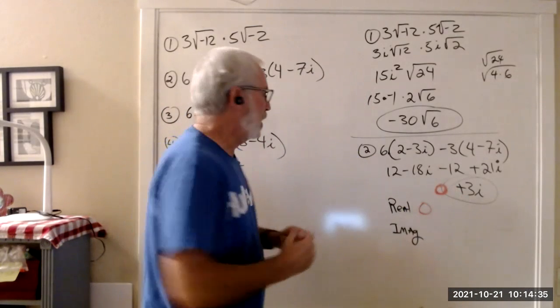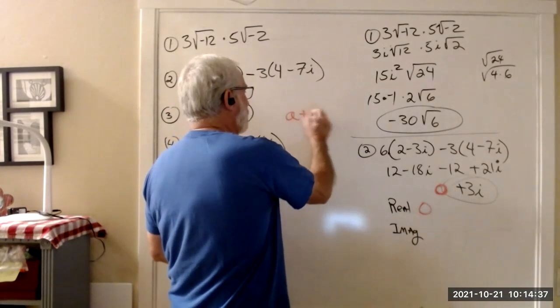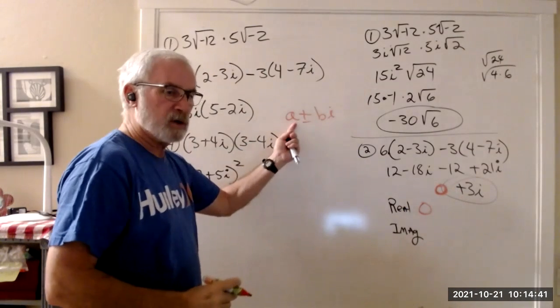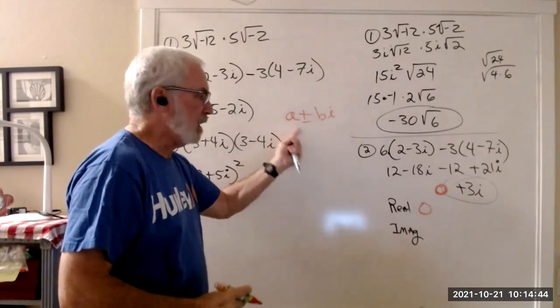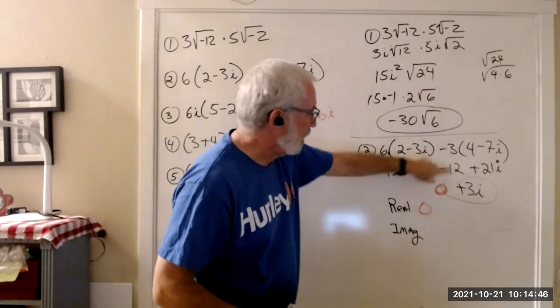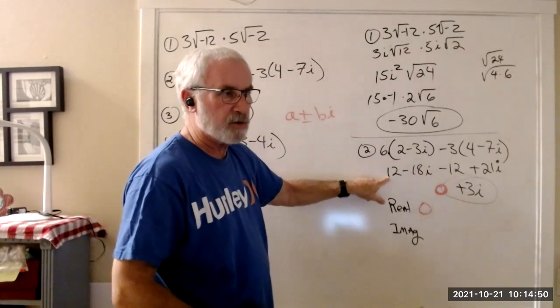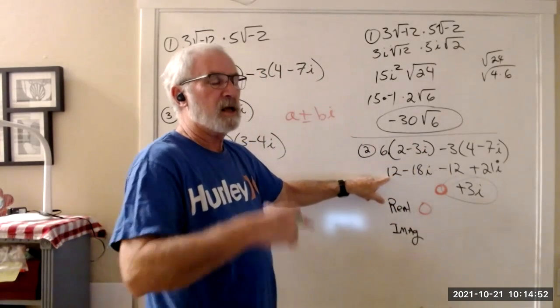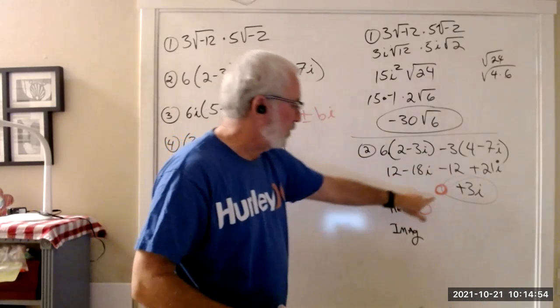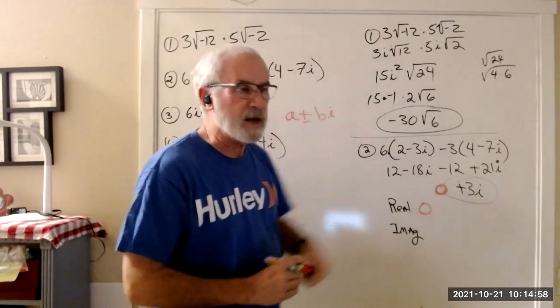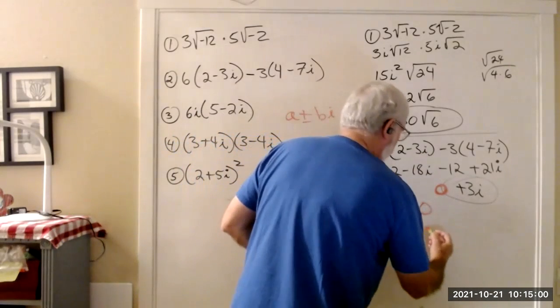Remember, a complex number is a plus or minus bi, where a is the real number. So in this case, even though we know that the 12 and the -12 cancel each other, the real part is still 0. And the imaginary part is just the 3.